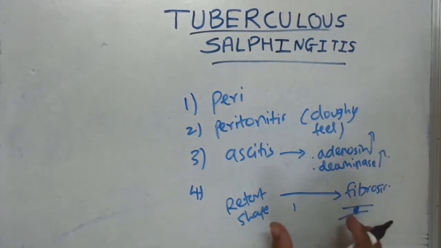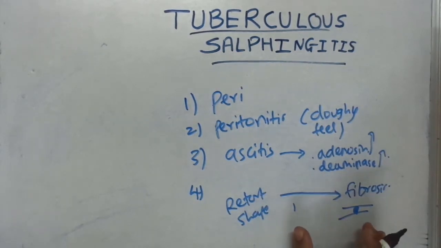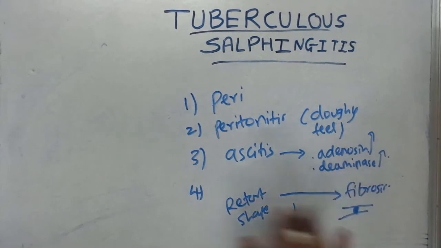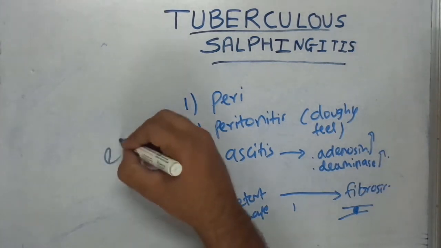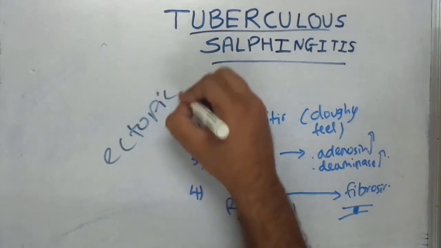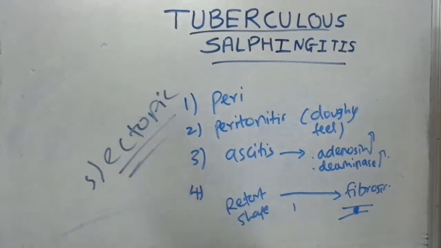This is a very serious complication, because infertility due to this can occur, and the chances of reversing this infertility are very, very less, even after surgical intervention. Then another complication is ectopic pregnancy, the fifth one.